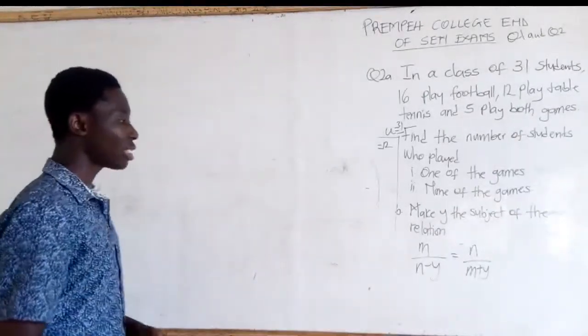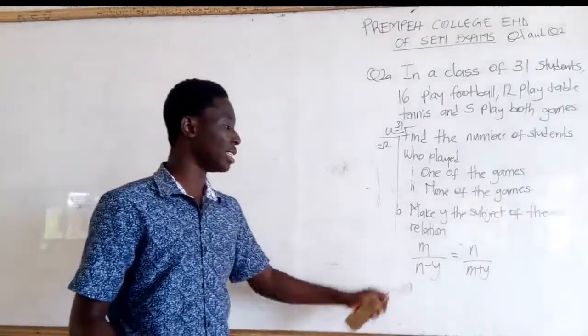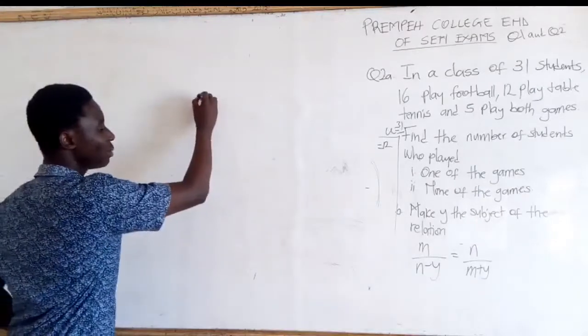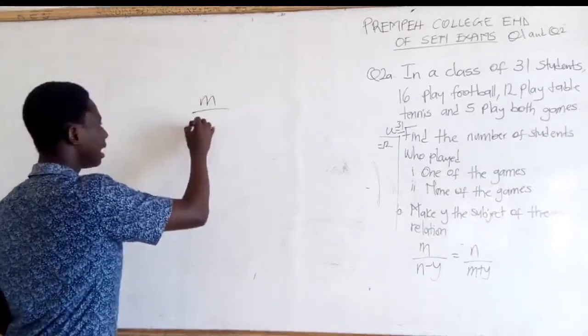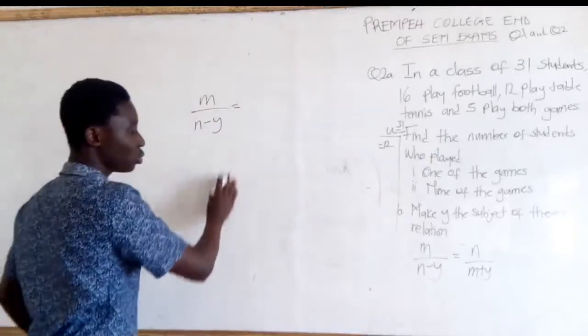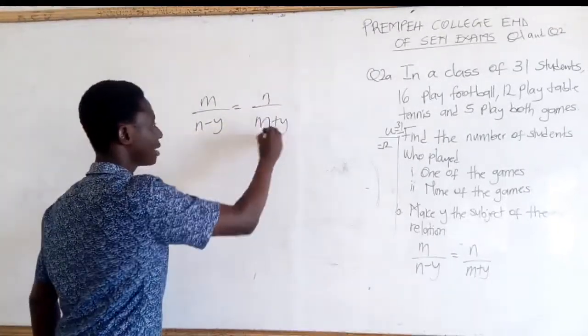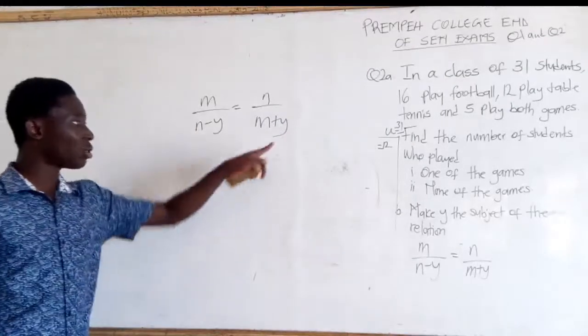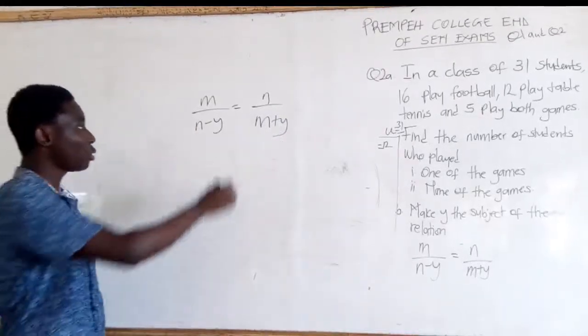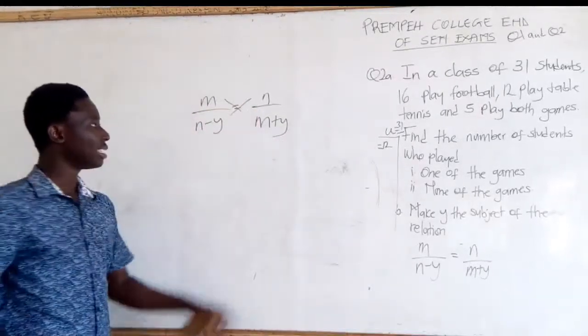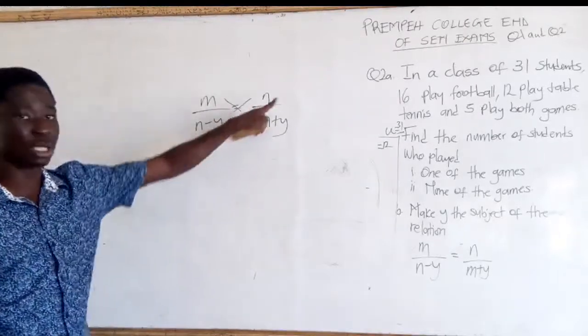This says we are to make y the subject of the relation. We have this relation, m over n minus y is equal to n over m plus y, and we are asked to make y the subject. Now we are going to do cross multiplication. This will multiply this, and then this will multiply this.